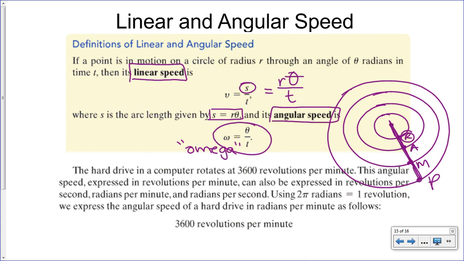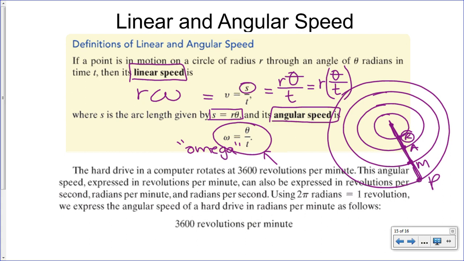And now what I want to do is factor out the r. According to this second formula right here, what does theta over t equal? Omega, right? Or the angular speed.